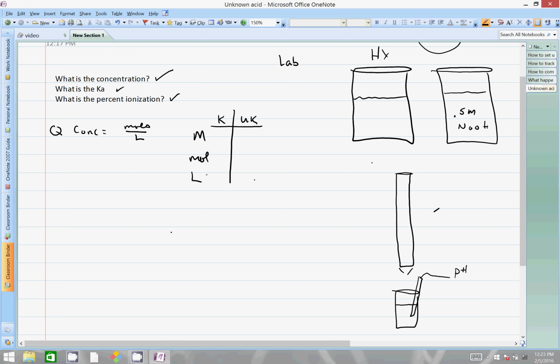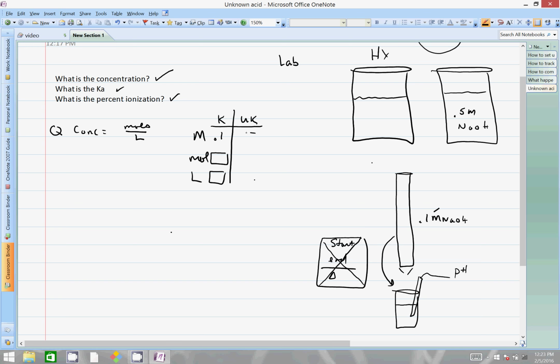The known is 0.1, the moles I don't know, and the volume I'm going to add in a certain volume of this 0.1 molar NaOH, and I don't know the volume of this. You could start an ICE table, but you will find that in this particular situation we will not need this.